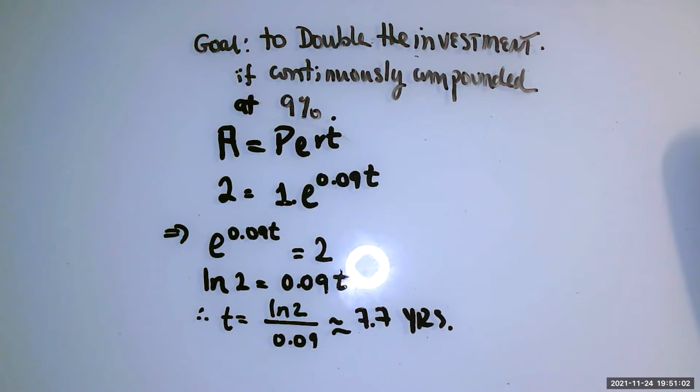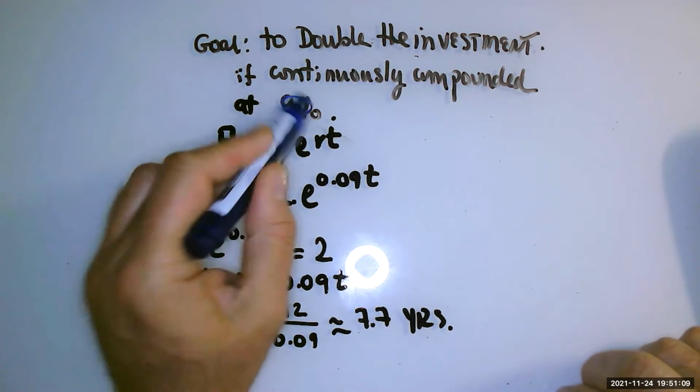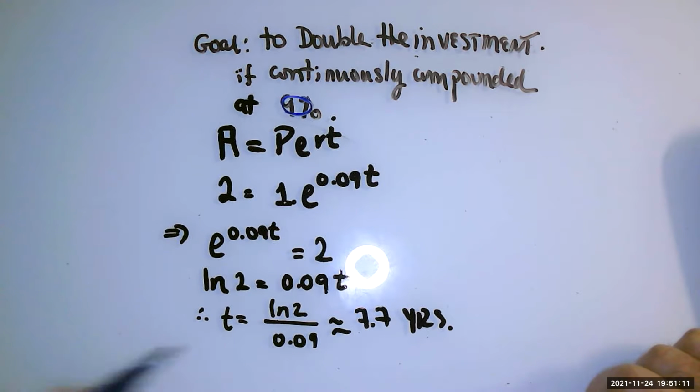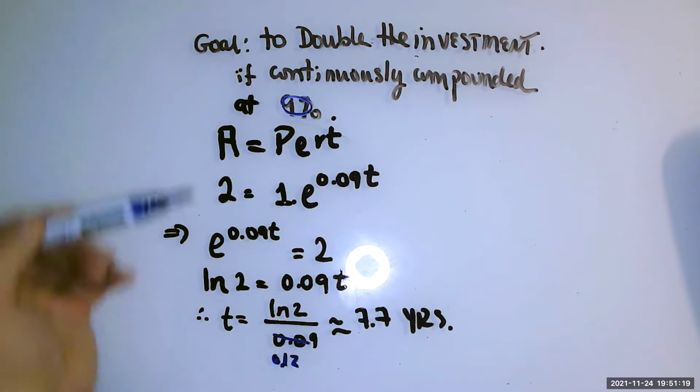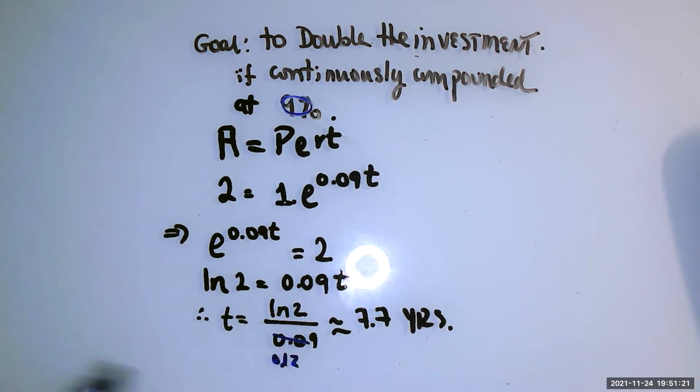That's painful. Anyways, you will notice, students, if you do the following, what if they ask us 12%? It will be ln of 2 over 0.12. If it's 15%, ln of 2 over 0.15.